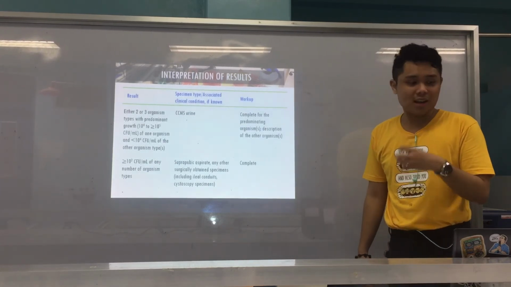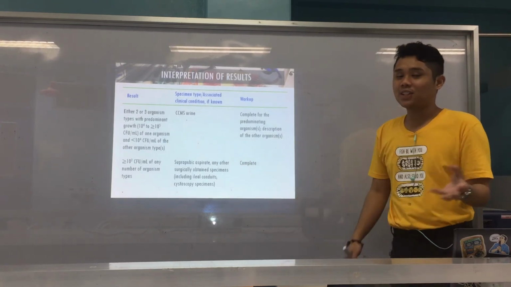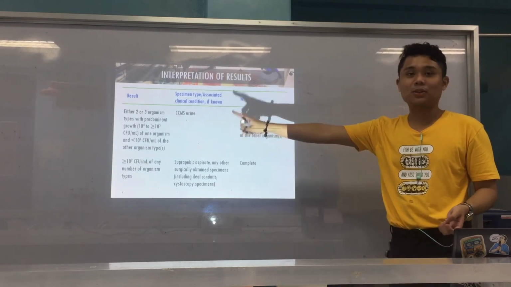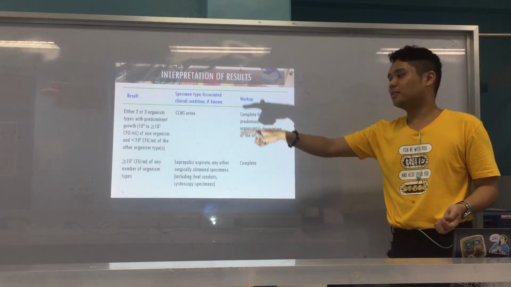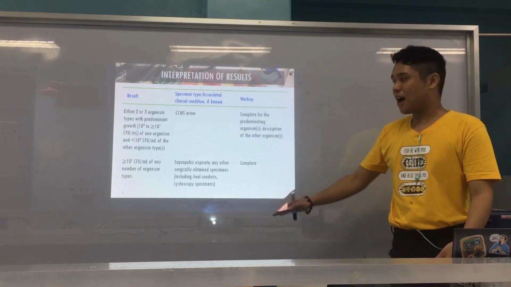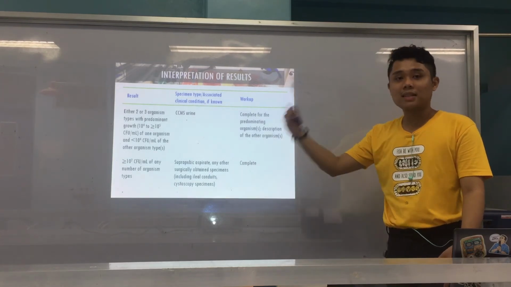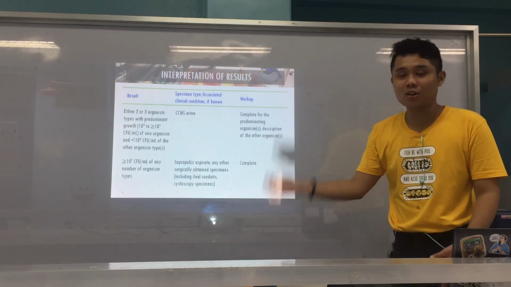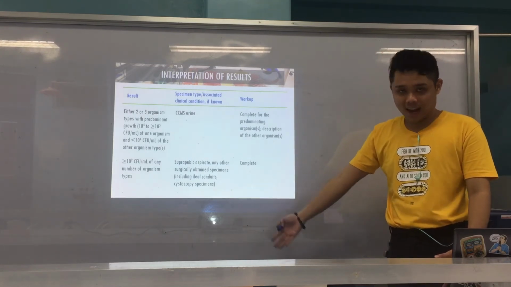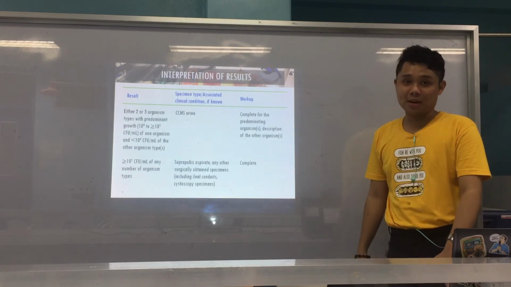It came from a sterile site, which is your bladder, suprapubic aspirate, or any surgically obtained specimen, where under normal circumstances there should be no microbes, and now there are. So we have to do a complete workup.